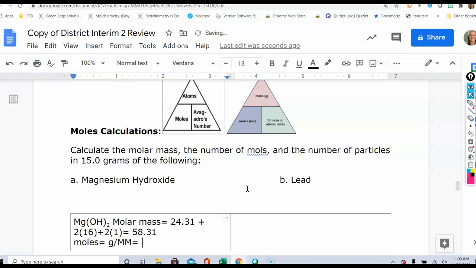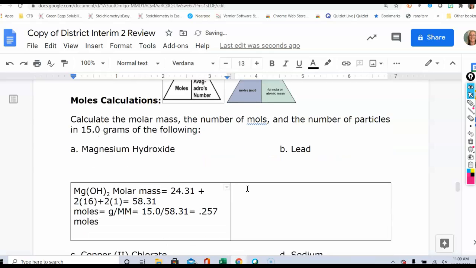The problem gave me 15.0 grams divided by 58.31. So my moles is going to be 0.257 moles.